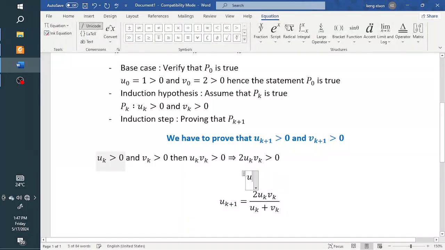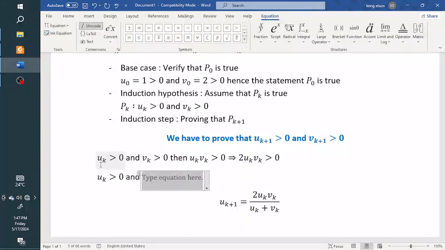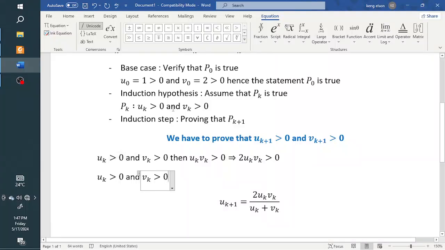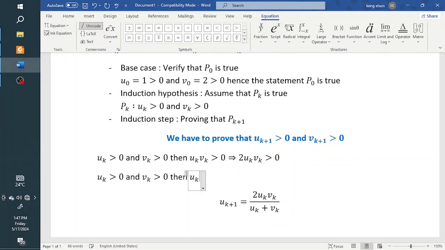Now we also know that u_k is greater than 0 and v_k is greater than 0 from the induction hypothesis, because we are assuming that the statement is true, so u_k is greater than 0 and v_k is greater than 0. Then if I add two quantities that are both positive, the result will be positive, right?